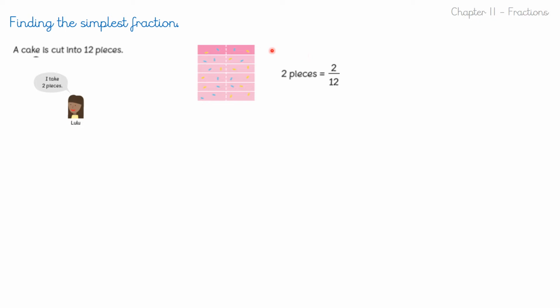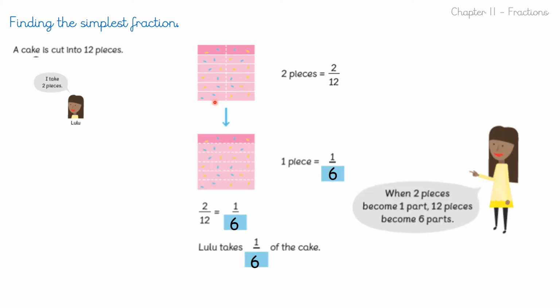So we will have now 1 part, 2 parts, 3 parts, 4 parts, 5 parts, and 6 parts. So when 2 pieces become 1 part, the 12 pieces become 1, 2, 3, 4, 5, and 6.